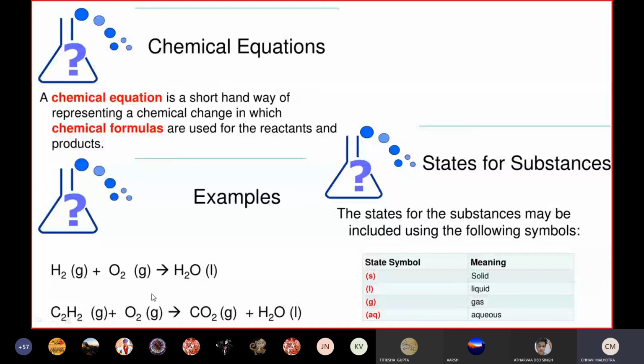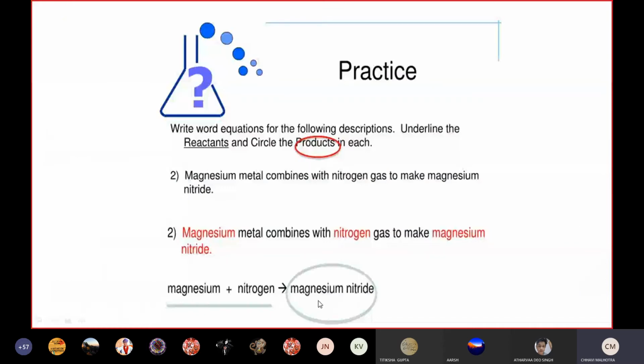Chemical equations give you more information compared to the word equation. The word equation is not telling you how many atoms of nitrogen were there or how many molecules of nitrogen were there. Therefore, we write in the form of chemical equation.